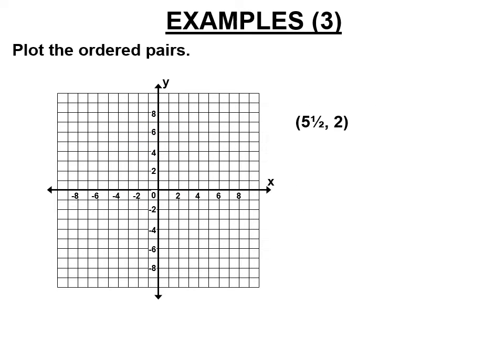Right, so let's plot the ordered pair 5.5, 2. X is 5.5, right? So that's halfway between 5 and 6. Y is 2. 3.5, 0. X is halfway between 3 and 4, 3.5, 0. 1.5, -2. So x is halfway between 1 and 2, and then -2 down there.